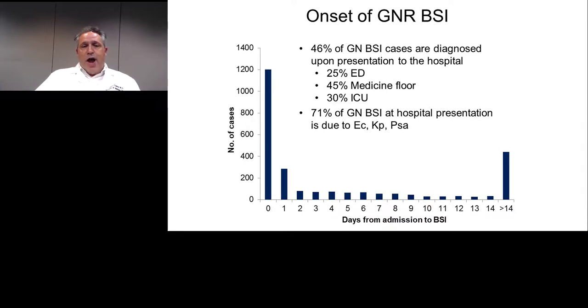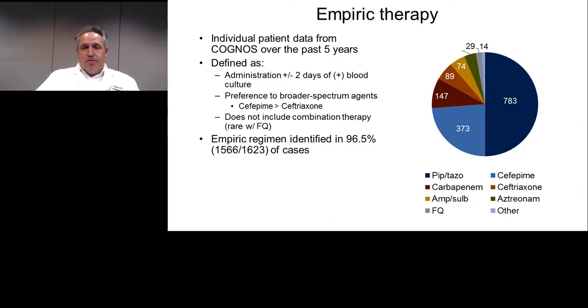So how are we treating bloodstream infection empirically? If we look at our empiric treatment, what we find is that the biggest single agent used among patients who are ultimately identified to have bloodstream infection is cefepime, followed by piperacillin tazobactam, and then the carbapenems are third.